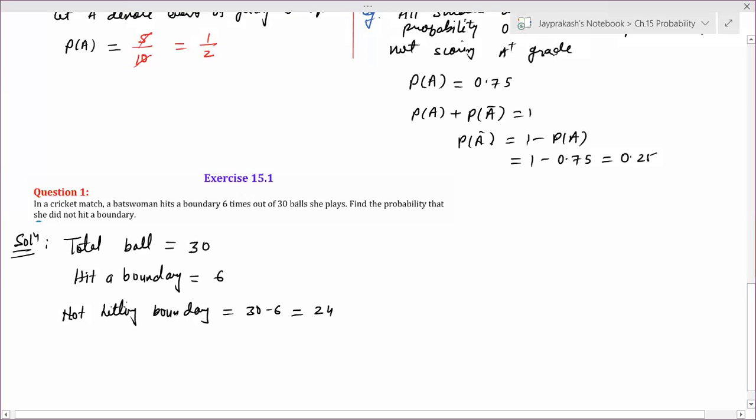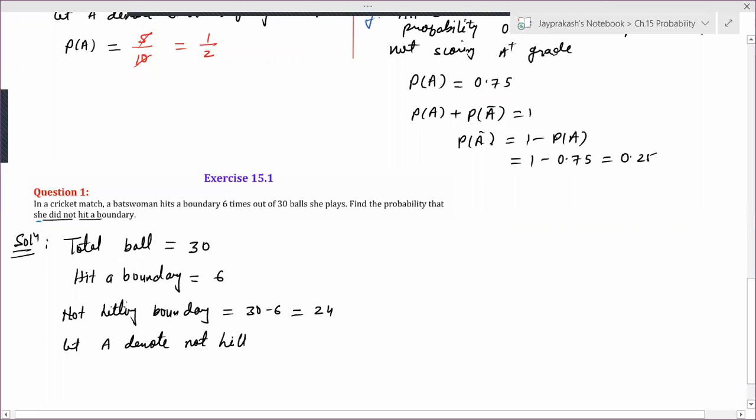Why are we finding the not hitting boundary? Because we have to calculate it. So let A denote, you can take any letter, not hitting a boundary.